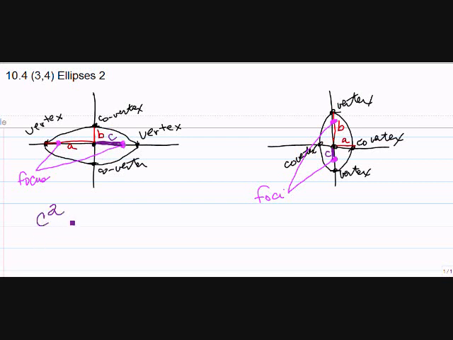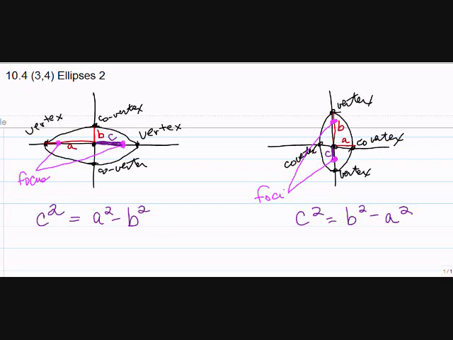This C is going to be defined as C squared equals A squared minus B squared when my longer axis is the horizontal axis, or C squared is B squared minus A squared when my longer axis is the vertical axis.